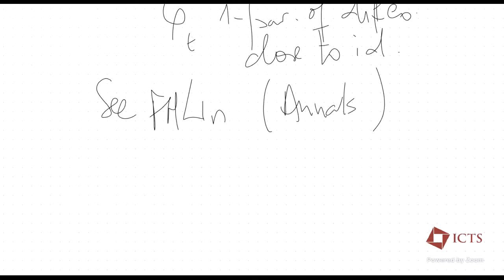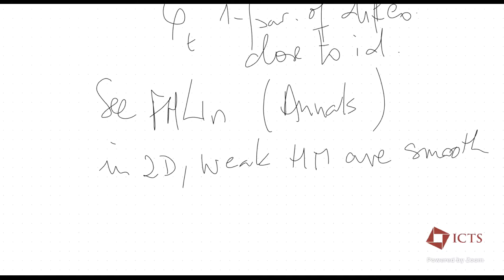Now let me make another remark. This is what I was starting with: in dimension 2, we know that weak harmonic maps, weak in the sense of H1, are smooth, but you can define the notion of very weak harmonic map, for which you are not smooth even in 2D.